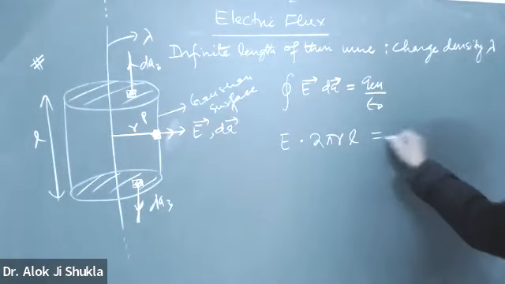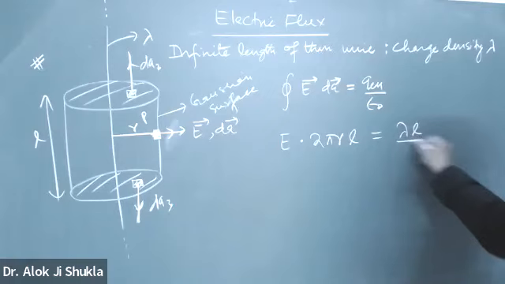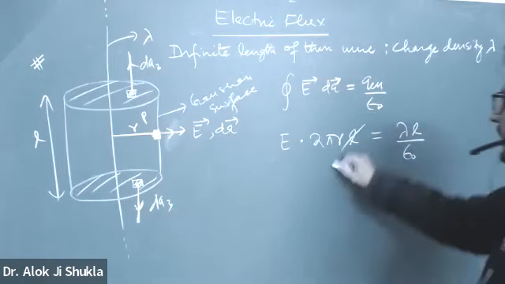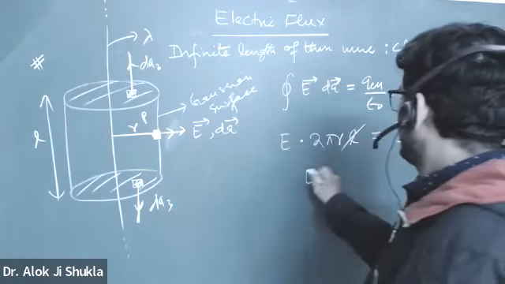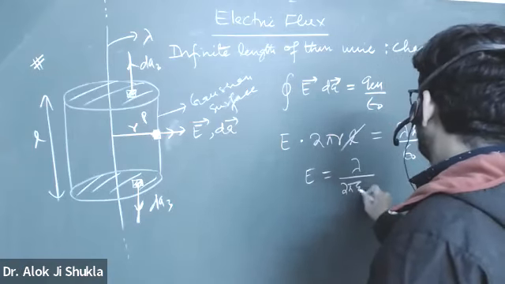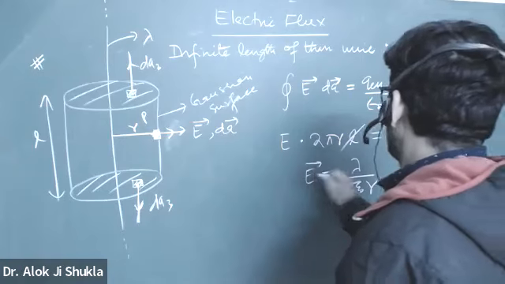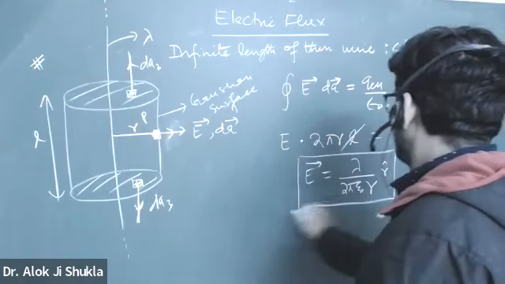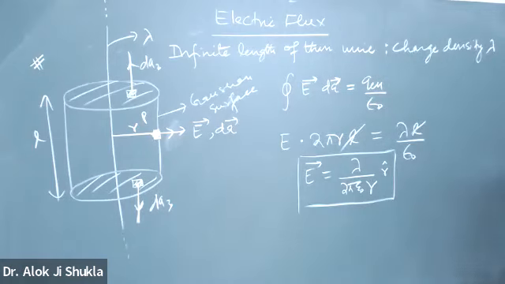This will be equal to the charge enclosed, lambda L, over epsilon naught. L and L will cancel. So E will be lambda by 2 pi epsilon naught r, in the r cap direction. This will be the electric field.